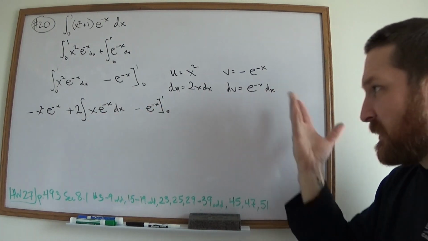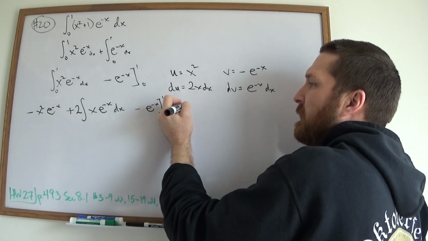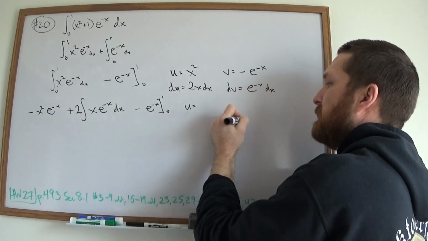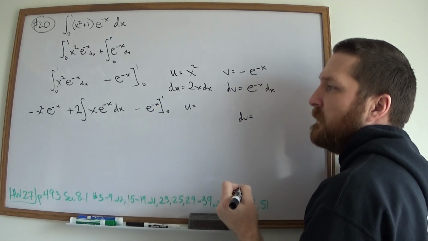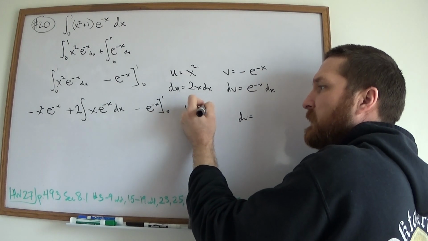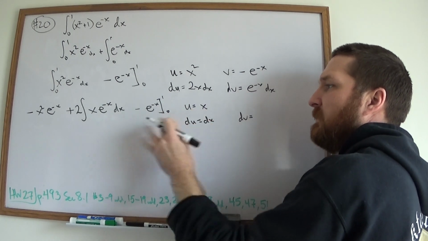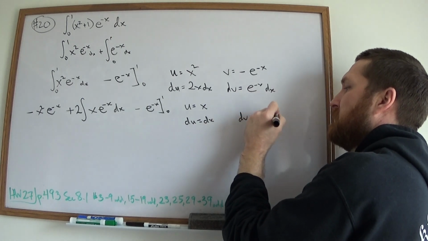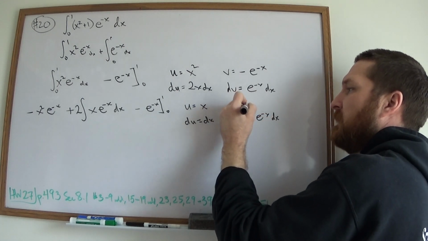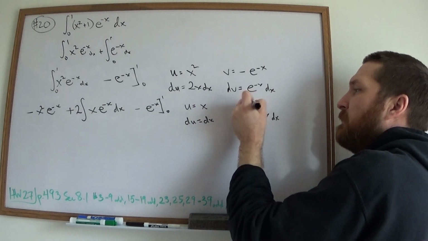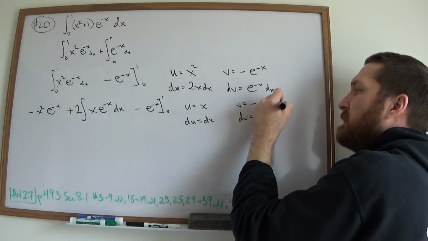So I'm going to go ahead and do it again and say, okay, I need a u and a dv. The u is going to be the thing that gets simpler as we go, so it's x, du is dx. Everything else, e to the minus x dx, is my dv. The antiderivative of that would be minus e to the minus x.